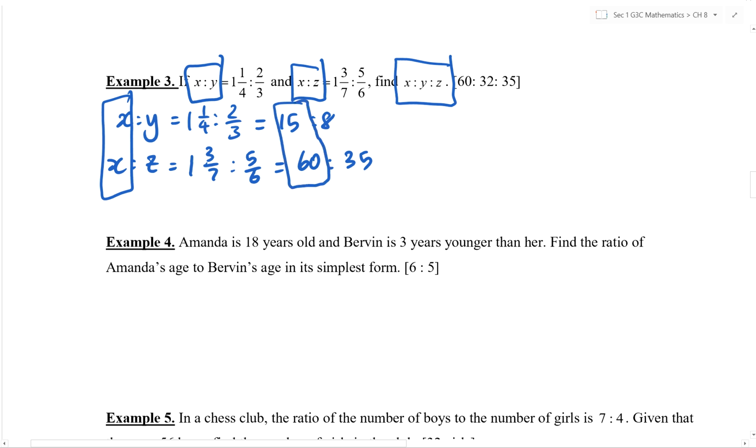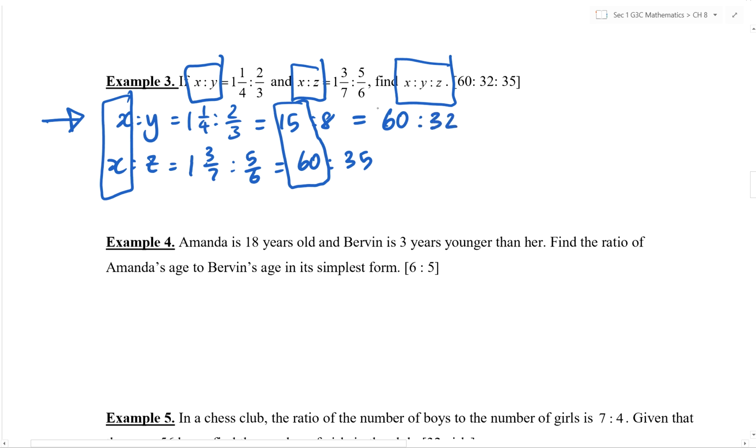At the moment, in my first ratio, x has 15 units, y has 8 units. If I can rewrite this first ratio's x component to become 60, then my y value will also multiply by 4 to give me 32.